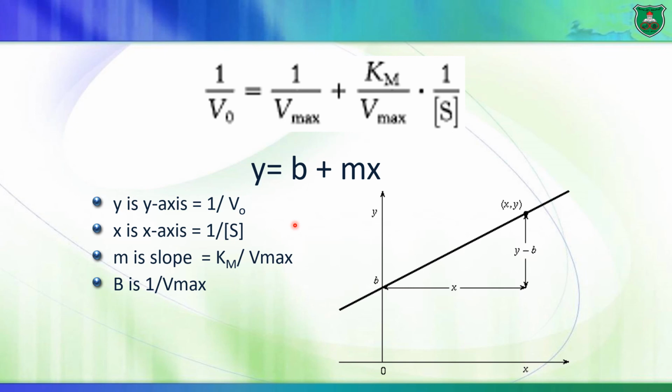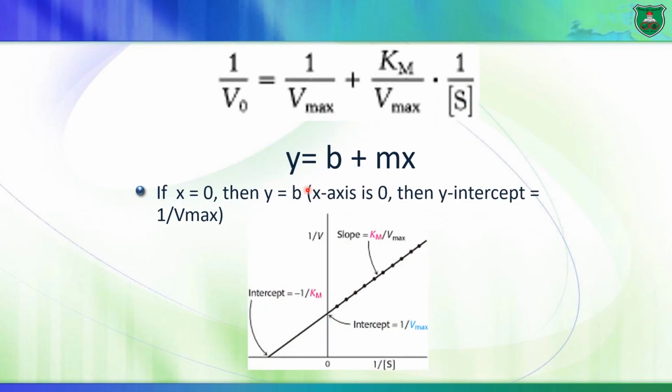So if you have, Y is y-axis, 1 over V, X is the x-axis, 1 over S, M is the slope, we already mentioned that, and B is 1 over Vmax, okay? So it follows this linear equation right here. If X is 0, so we are at this point right here.